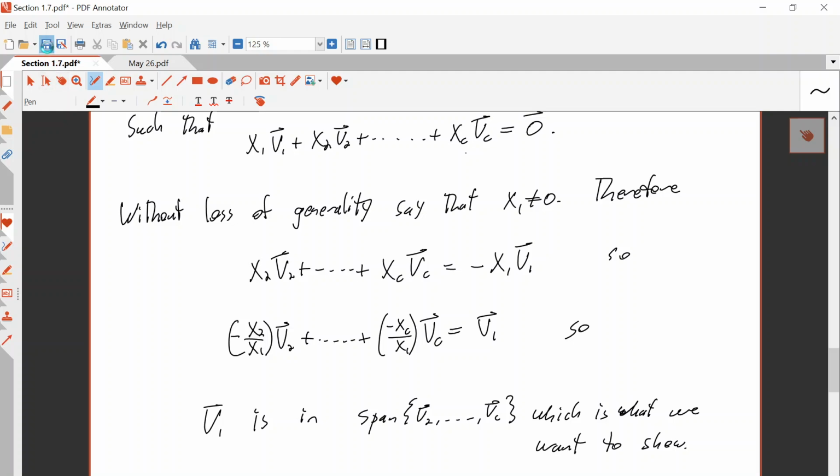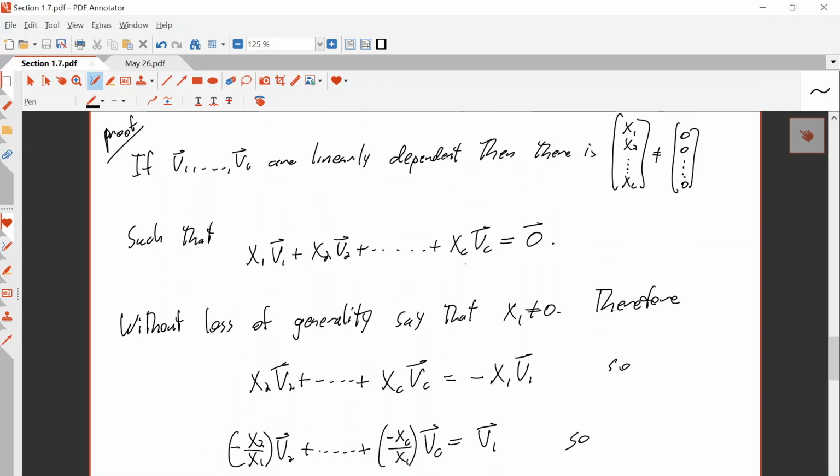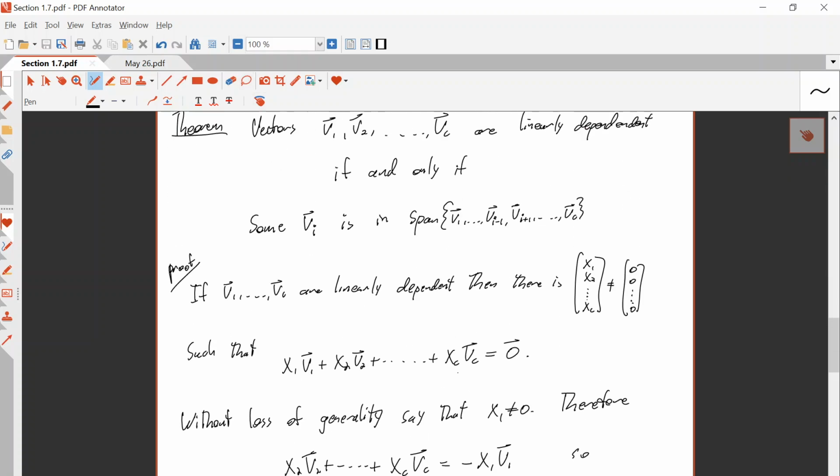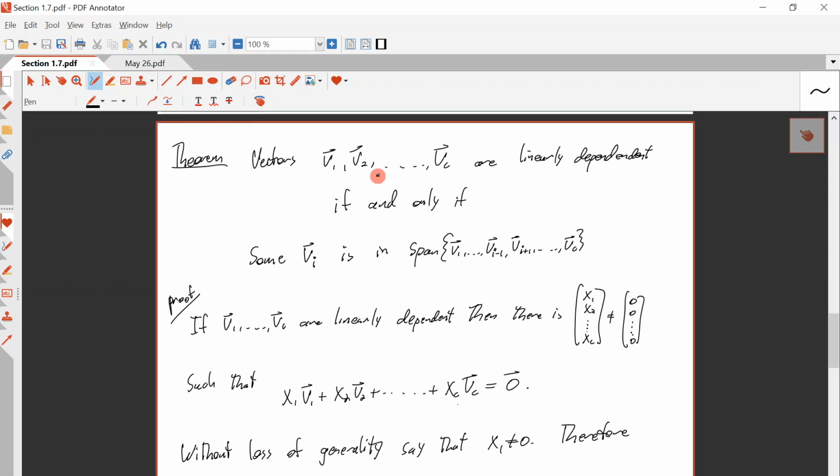All right, so that's half the proof. Okay, the statement of the theorem, you'll notice it says if and only if. So vectors v1 to vc are linearly independent if and only if some vi is in the span of the rest. So if these are linearly dependent, then one vector is in the span of the rest.